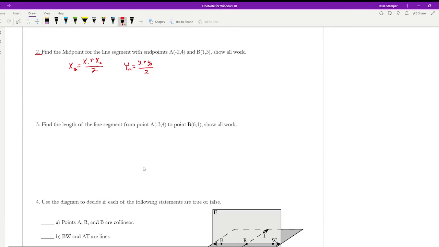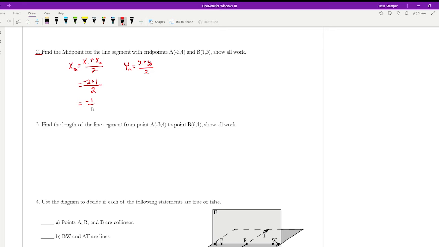Now scroll down a little bit, give me some room. In this one, I didn't ask you to tell me what an endpoint was. I wanted to know what's the midpoint. So everything is very straightforward with this one. We have a negative 2. That's our x1. A 1 is our x2, and it's divided by 2. Well, negative 2 plus 1 is negative 1 over 2.